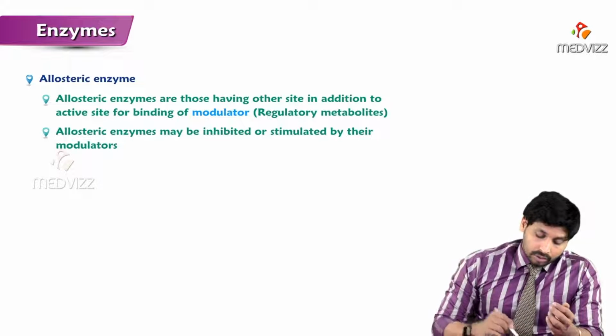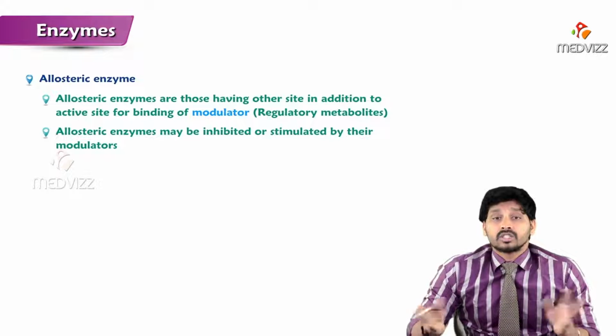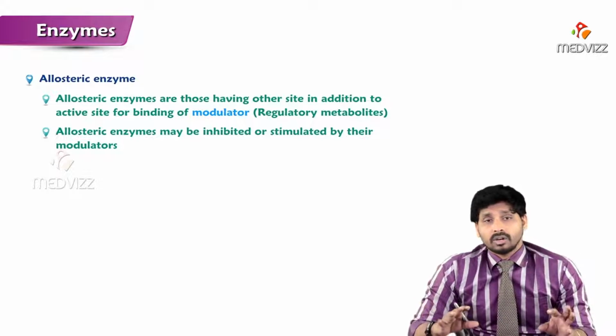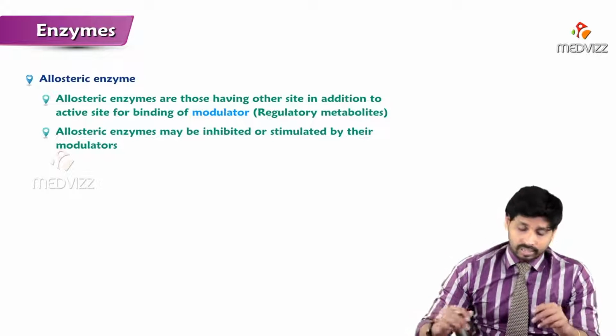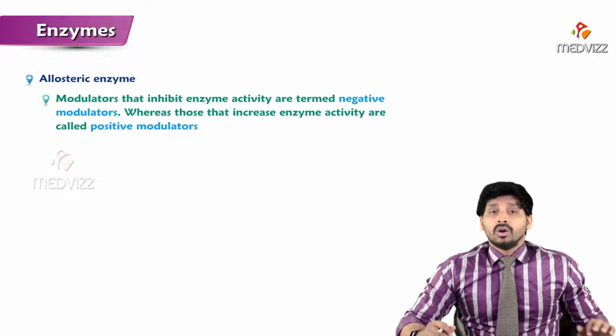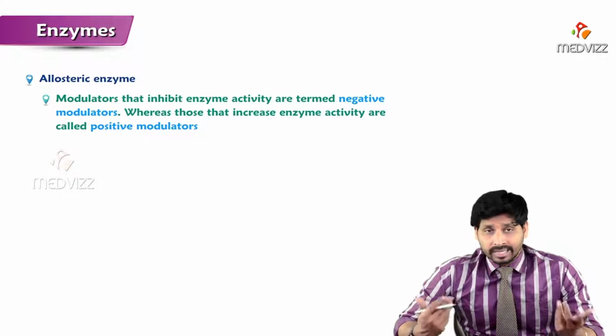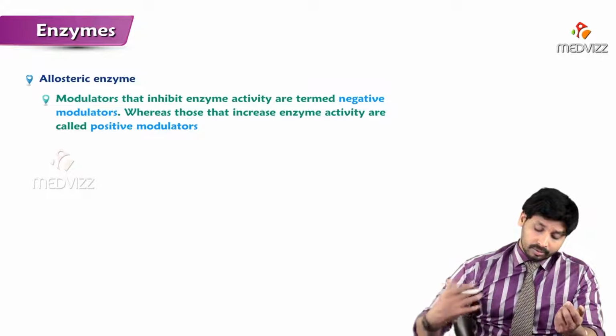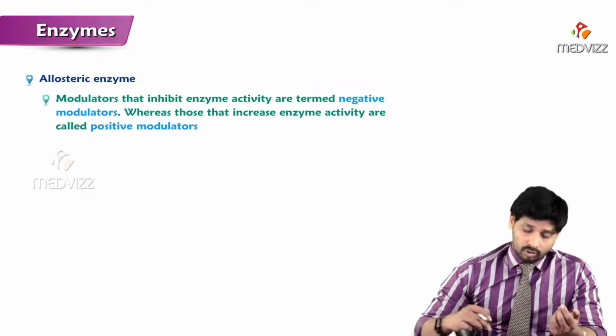So allosteric enzymes may be inhibited or stimulated by the modulators. That's the work of negative and positive modulators. Modulators which inhibit enzyme activity are known as negative modulators, and modulators which increase enzyme activity are known as positive modulators.